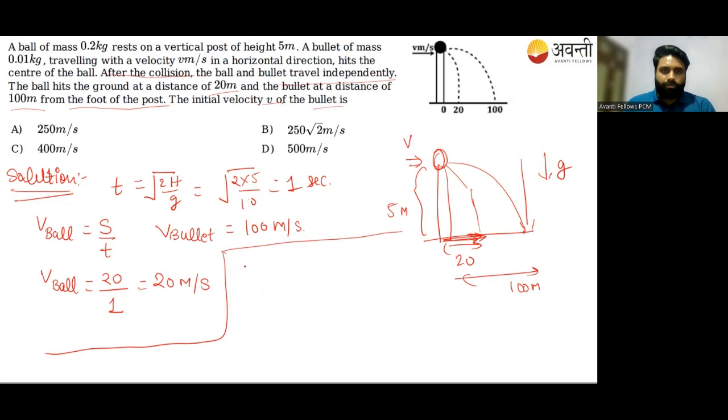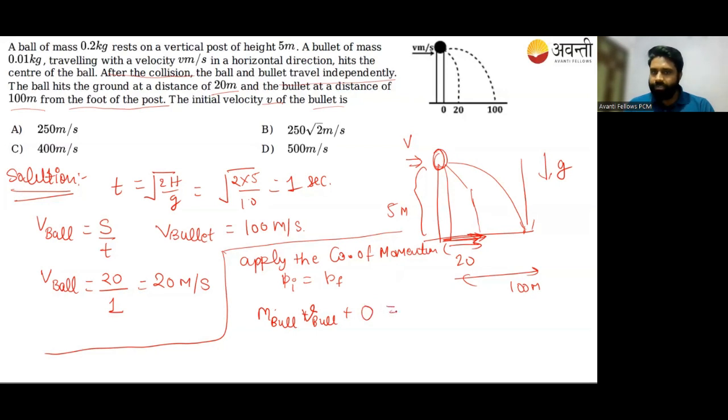Now apply the conservation of momentum. P initial equals P final. What is the initial value of P? Initially it is the mass of the bullet into the velocity of the bullet, plus the ball has zero velocity, so the initial momentum of the ball is 0.